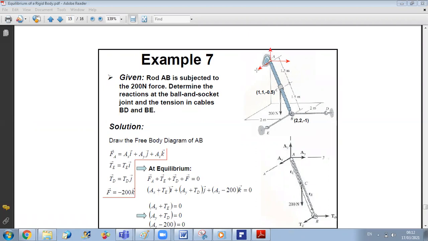While here I have two cables, BE and BD, so they will develop tension forces in the cable. So in this case, I am in a 3D equilibrium problem. I have five reactions, but equilibrium in 3D requires six equations of equilibrium.